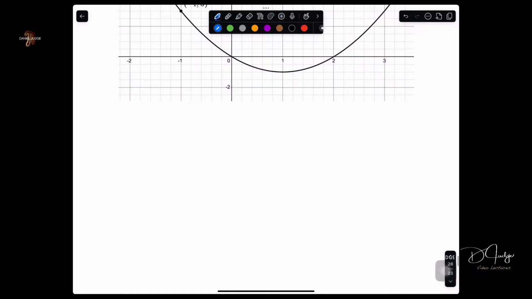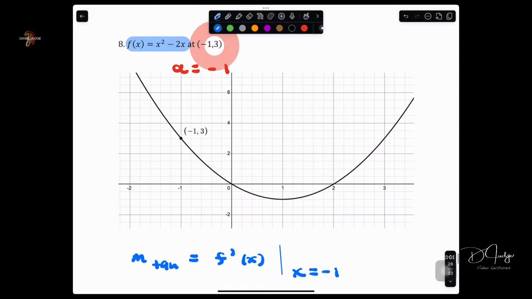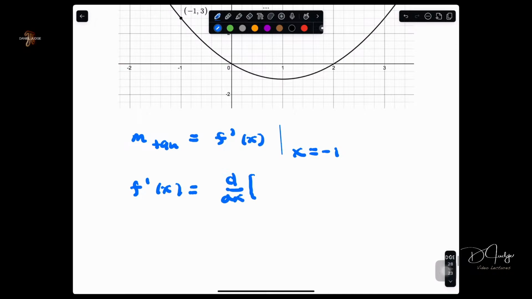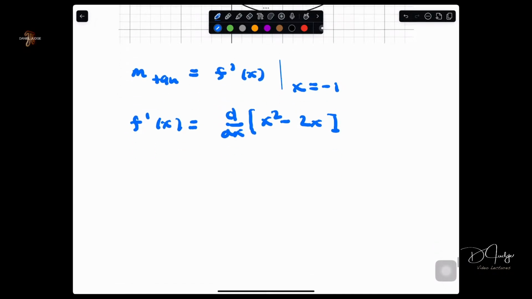So let's find m tangent, which will be the derivative of x at x is -1. X squared minus 2x. Okay, let's get that derivative, and it's 2x minus 2.